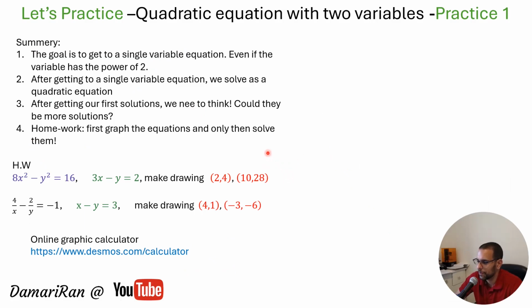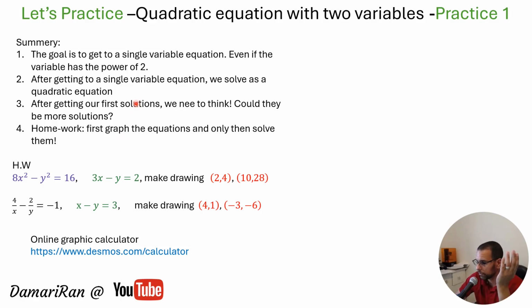All right, so now we are summarizing what we did in practice 1. Remember, the goal is to get to a single variable equation, even if the variable has the power of 2. I'm describing it as a horrible thing. It's not. It's a good thing. It means more intersection points. Now, after you get a single variable equation, just solve.